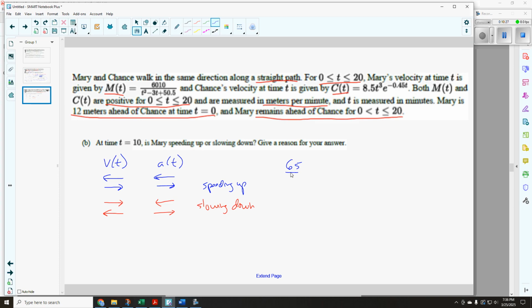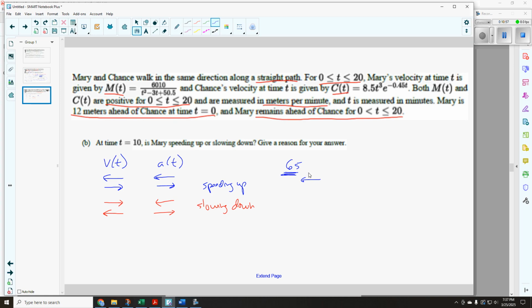But if I'm driving along at 65 miles per hour and then I step on the brakes, that is decelerating. That means my acceleration is going in the opposite direction of my velocity. Even though when I step on the brakes I don't instantly stop and start going in the opposite direction, I slow down. I go from 65 to 60 to 55. That is when my acceleration and my velocity are going in opposite directions.